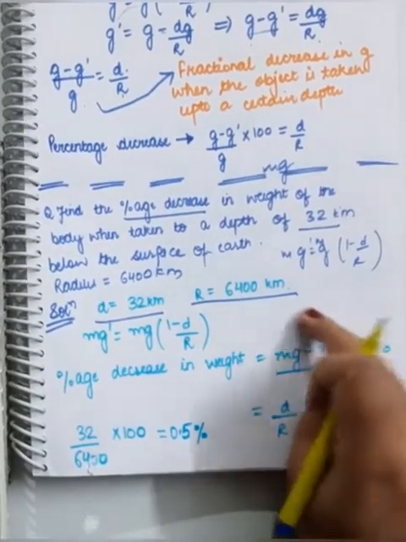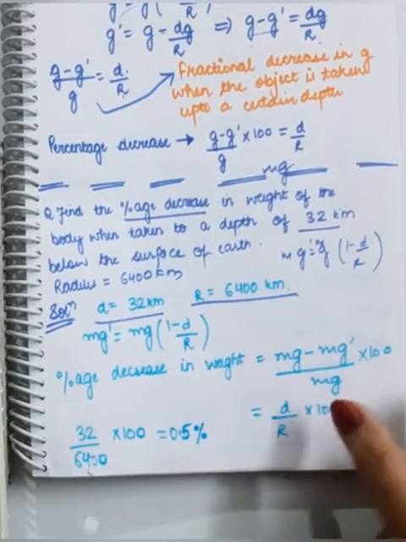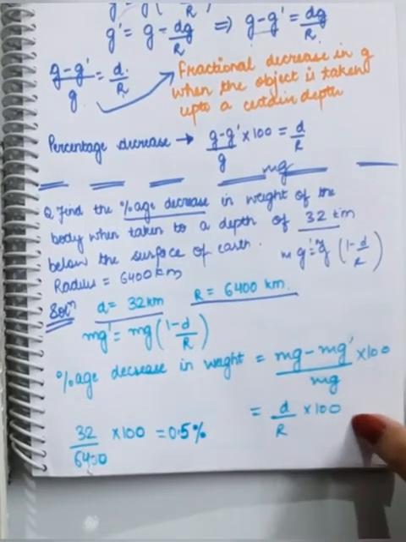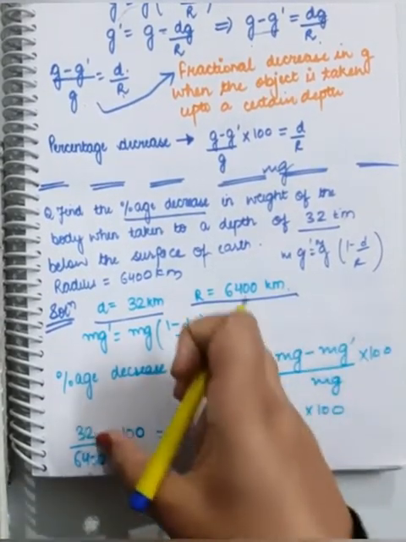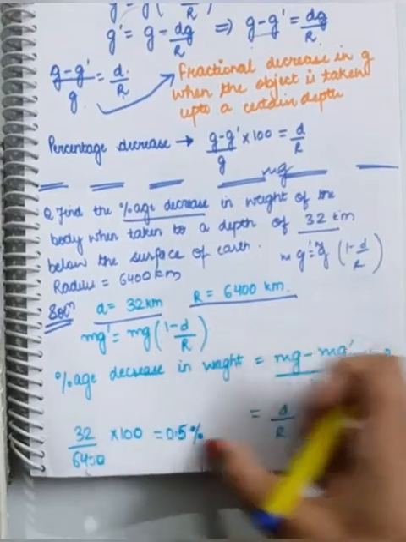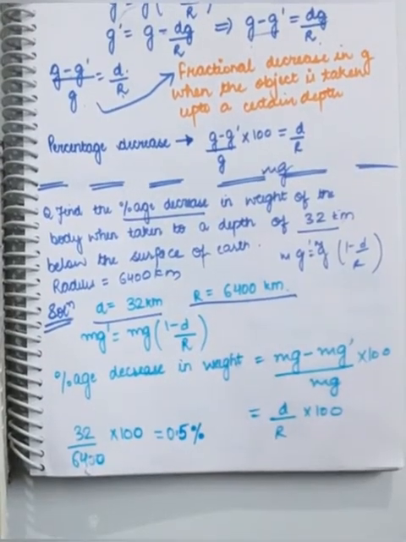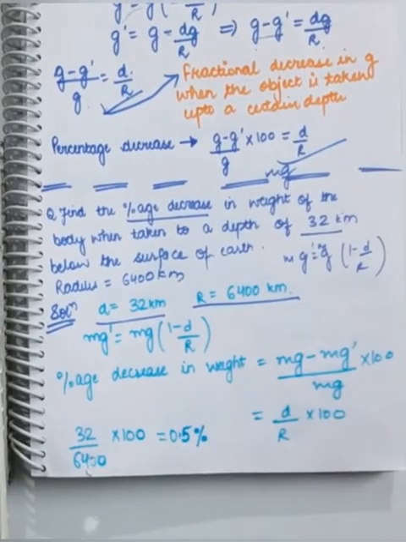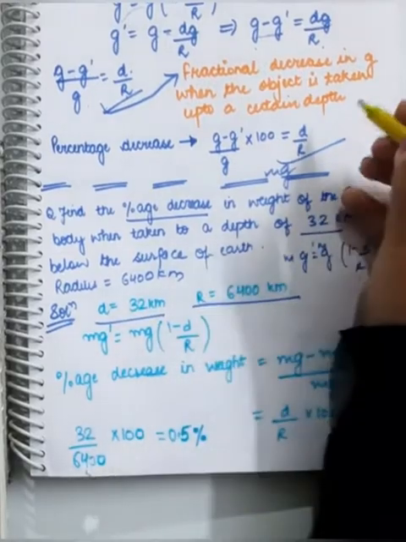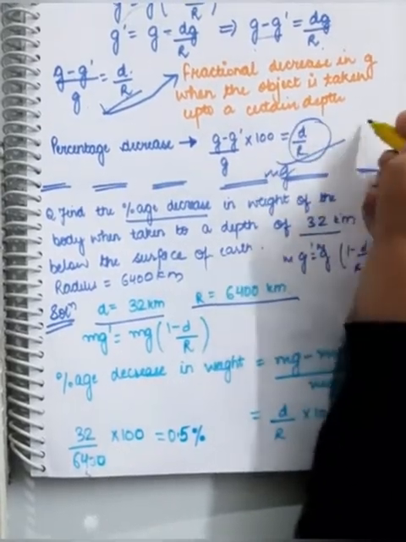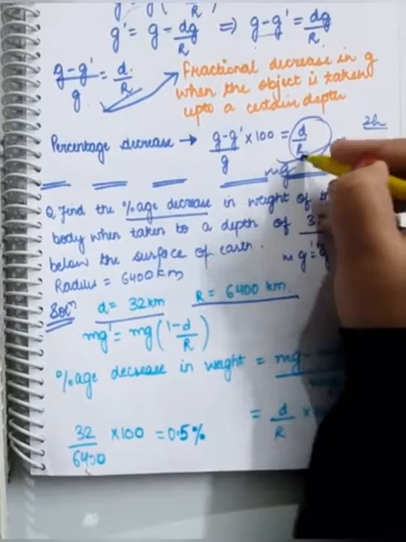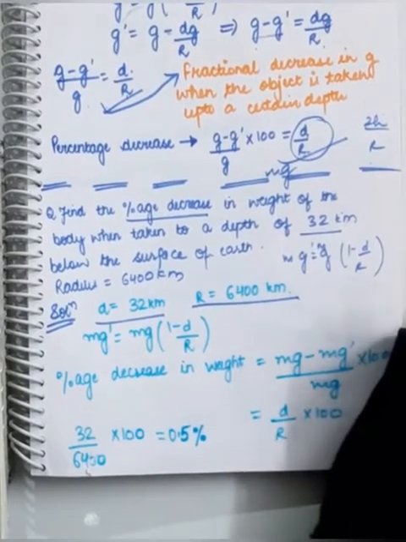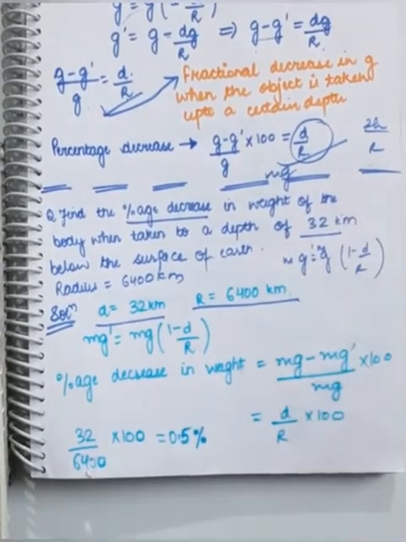This is going to be d by r into 100, and d by r is 32 upon 6400 into 100, and you're going to get your value. So these are the formulas to be used for percentage decrease in the case of depth. Had it been a case of height, the right hand side would have been 2h by r, where h is height.